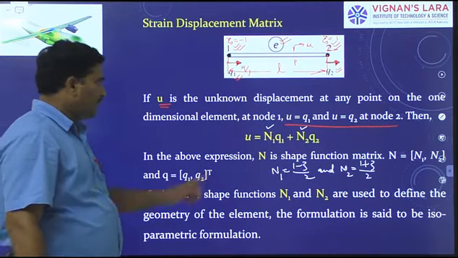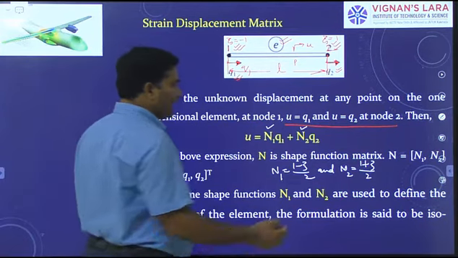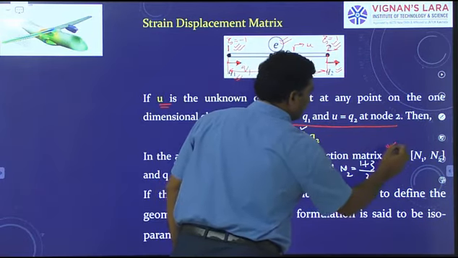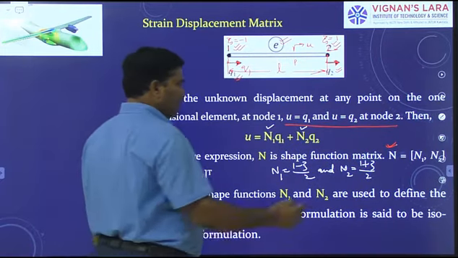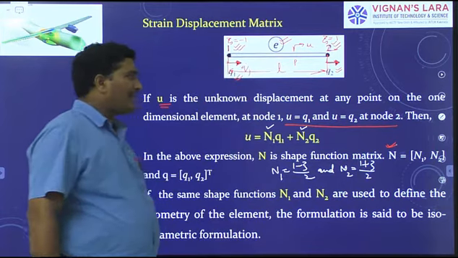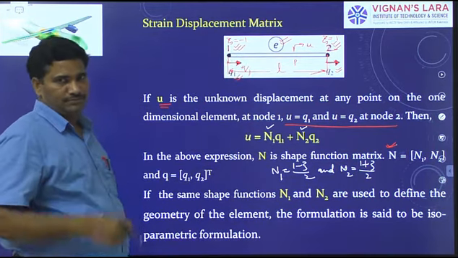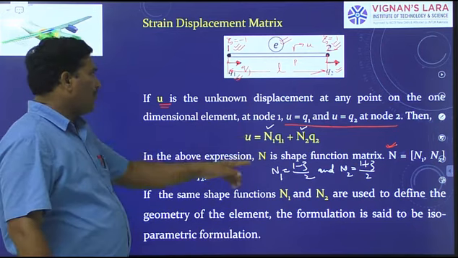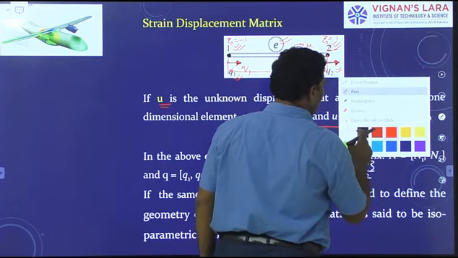Where N1 and N2 are known as shape functions, which is denoted by N. The matrix is denoted by N, the shape function matrix. It is a row matrix. Therefore, this expression we can write in matrix form.